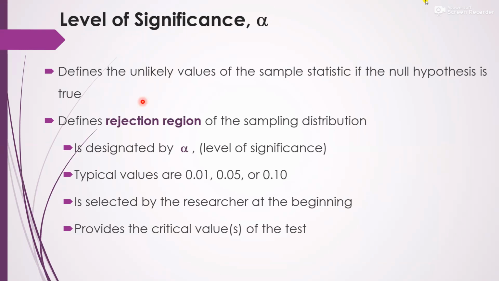So the first step is to define the unlikely values of the sample statistic when the null hypothesis is true. These unlikely values define the rejection region of the sampling distribution.